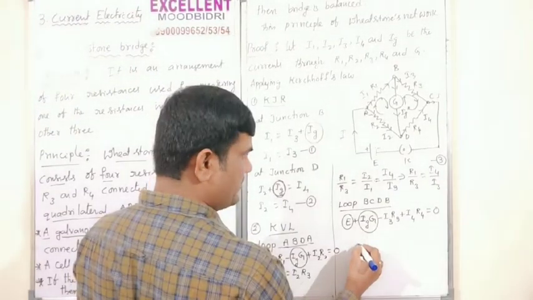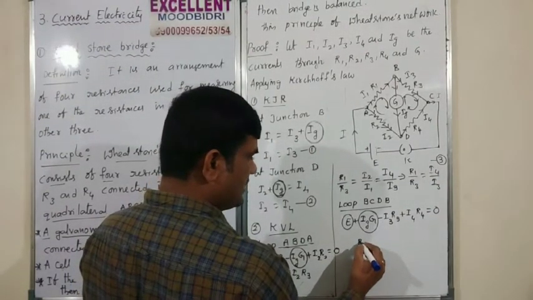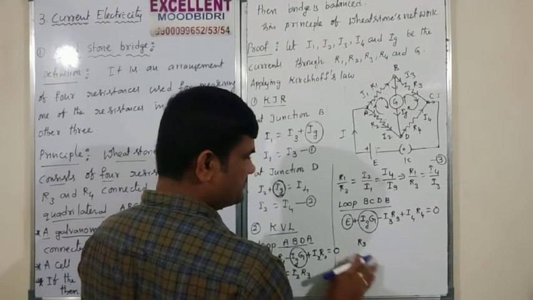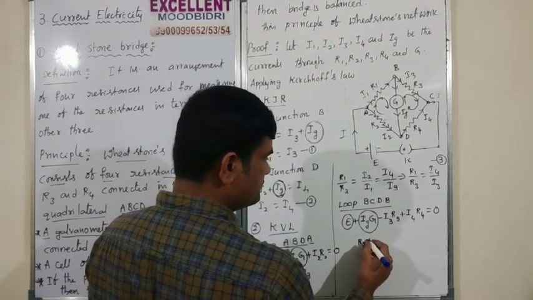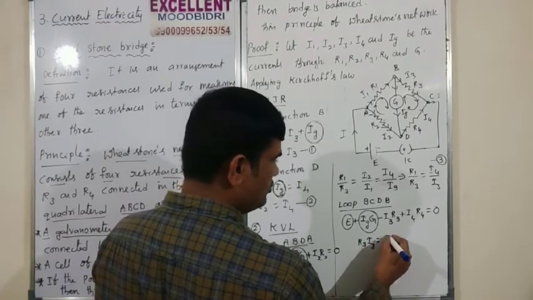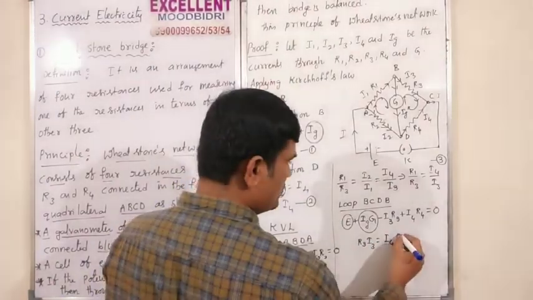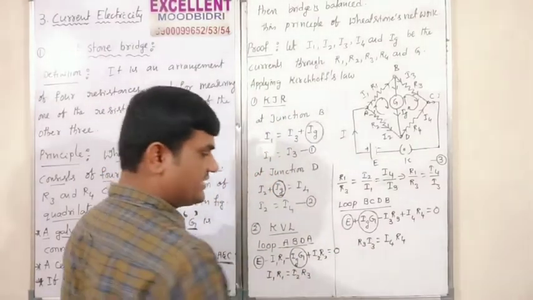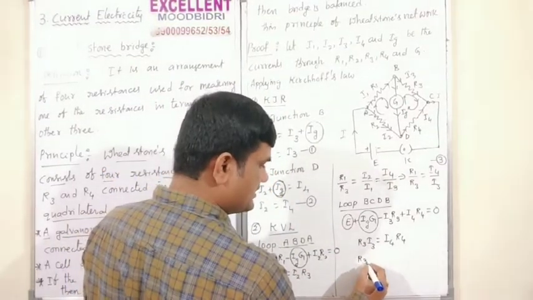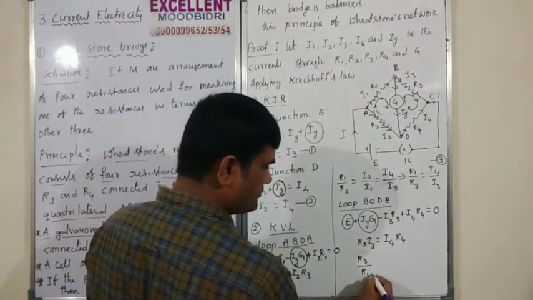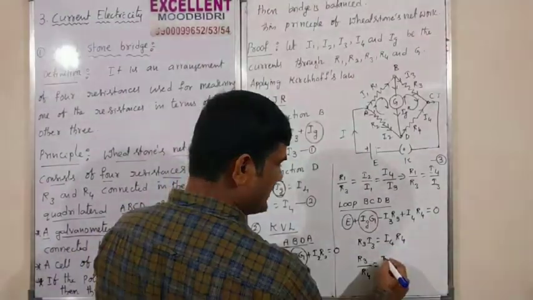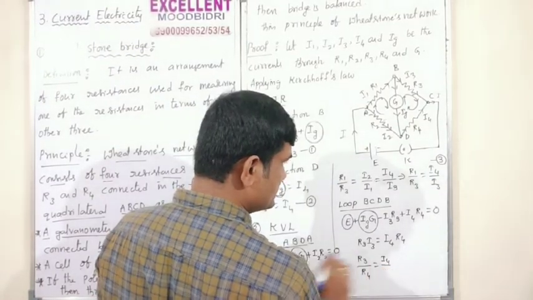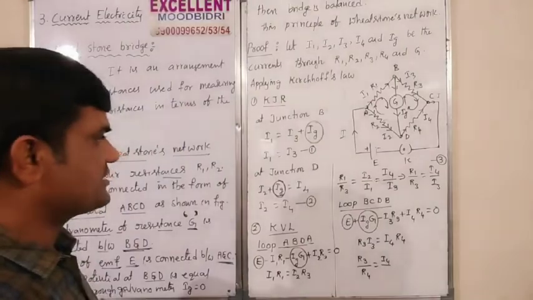Therefore, what will happen? R3 into I3 is equal to I4 R4, correct? Minus minus gets cancelled. Then I want R3 by R4 is equal to I4 by... okay, where did I make a mistake?